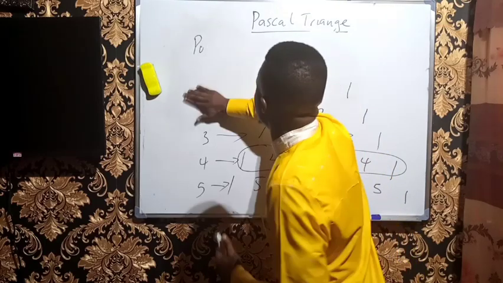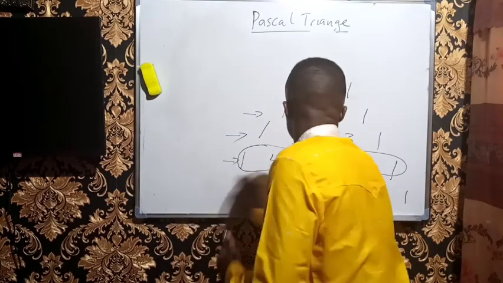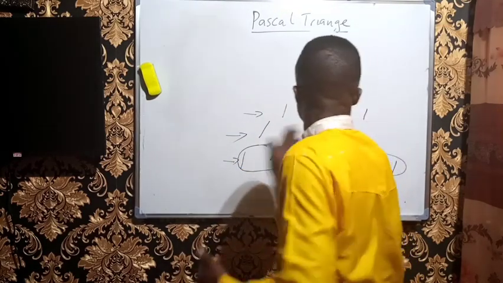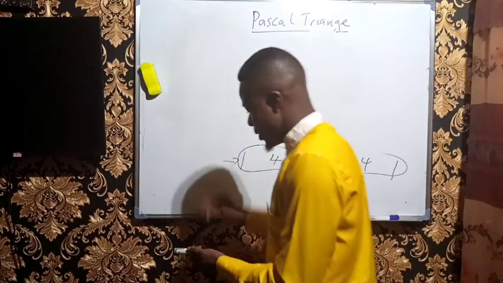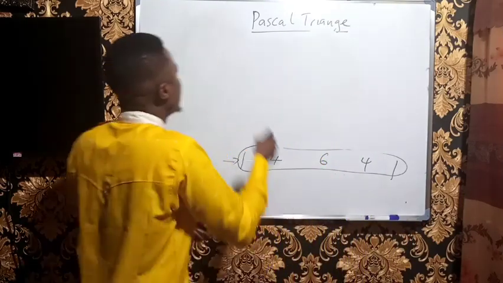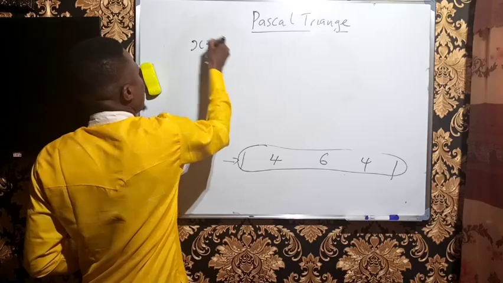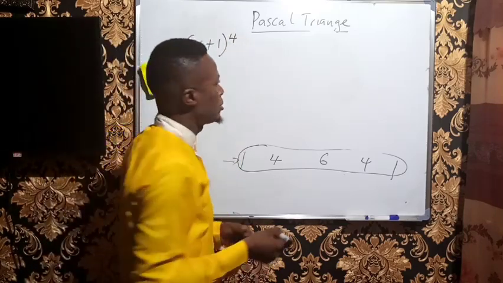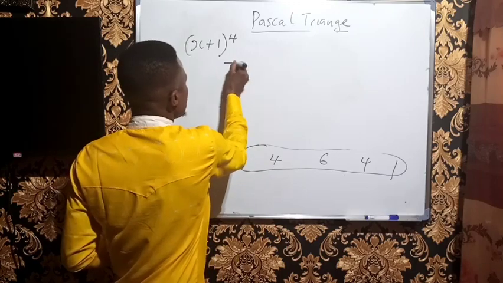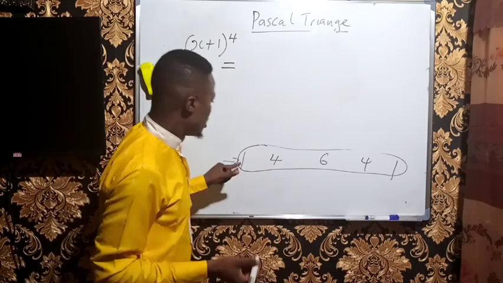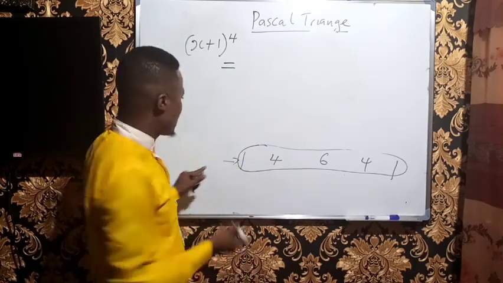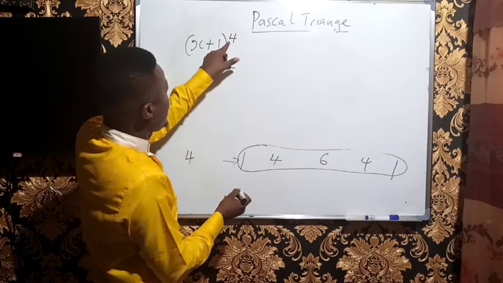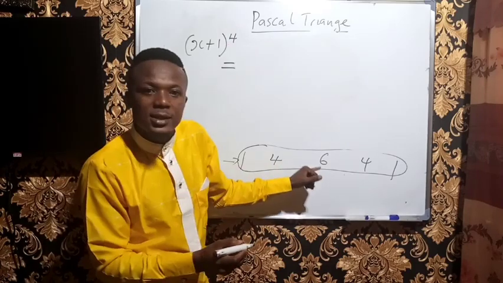Okay. Now, let's say we are asked to expand x plus 1 to the power of 4 using Pascal's triangle. Now look at what I'm going to do. The first coefficient here, because this is the power of 4 and our power is 4, so we are going to take this coefficient.